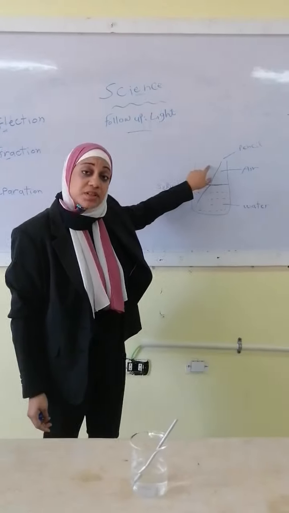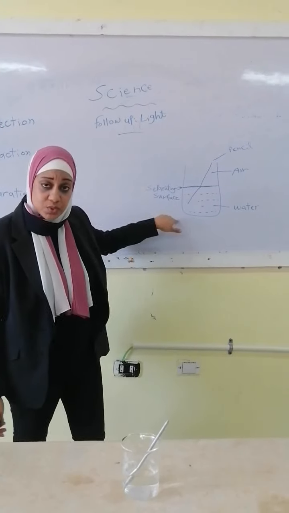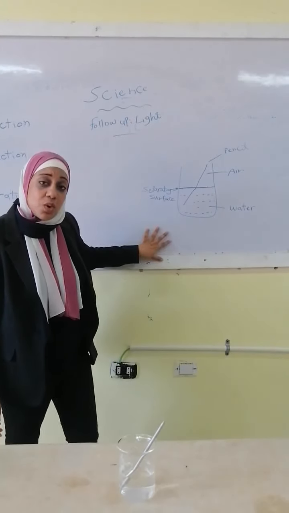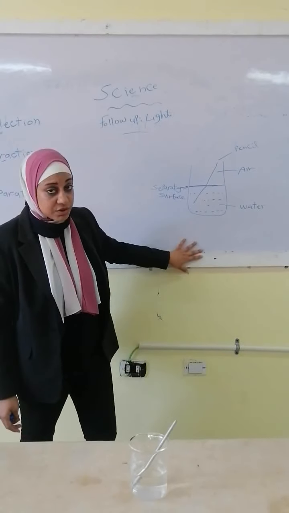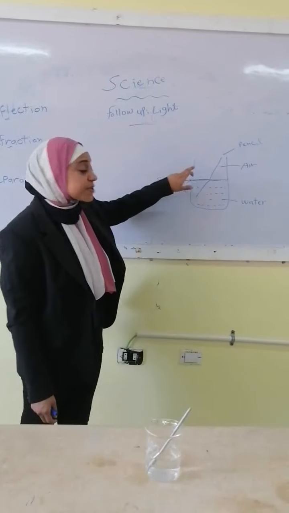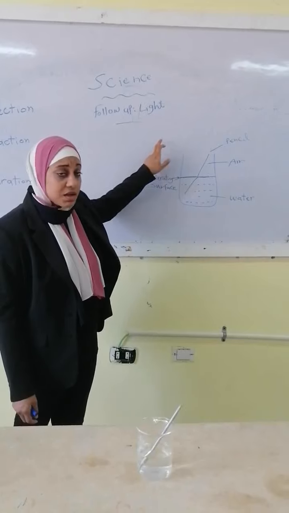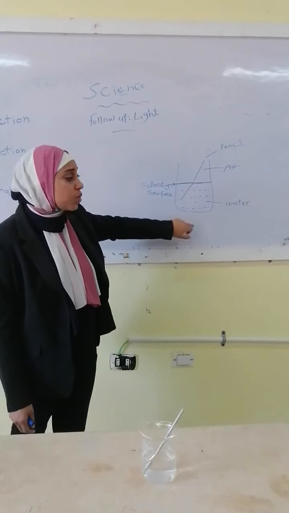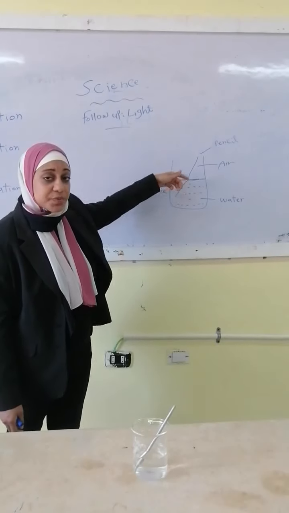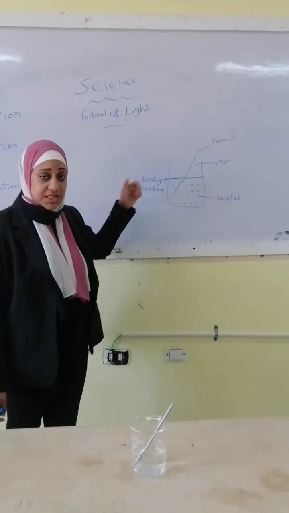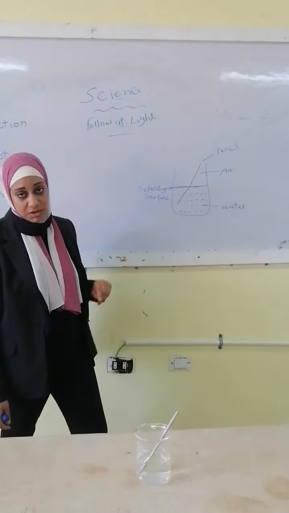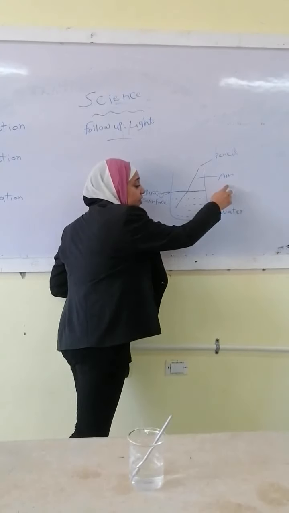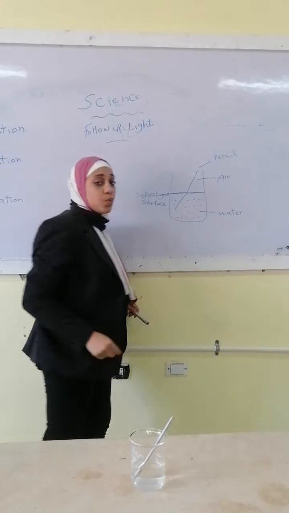Air is a transparent medium, yes, and water as well. Okay, so this is called light refraction. The speed of light rays in air is faster than in water. So that's why the light rays seem to be broken from this side to this side.